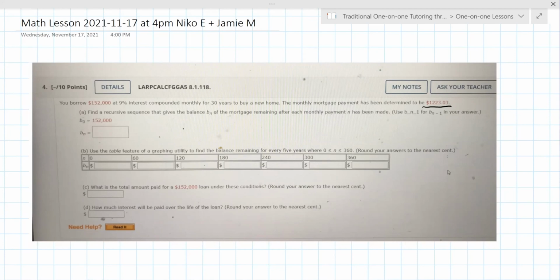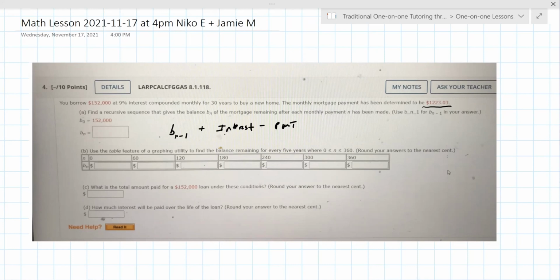You take Bn minus 1, whatever the previous amount is from the previous month, and you add to it the interest and deduct the payment. The payment's a fixed amount, the interest is what changes each month. Is that kind of somewhat clear?